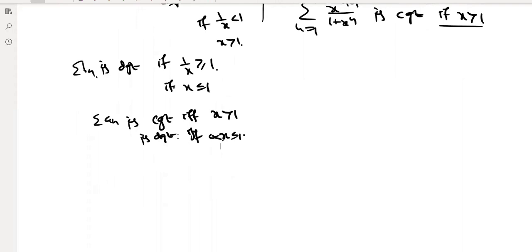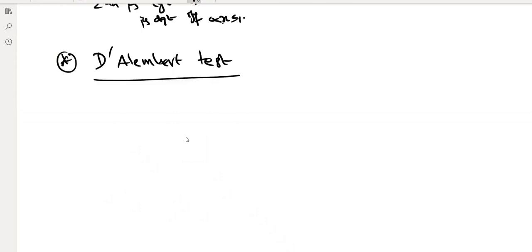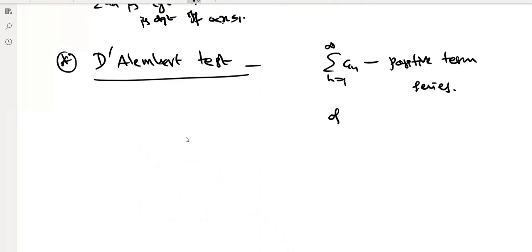So next is D'Alembert test. So D'Alembert test means you are given a positive term series of real numbers.